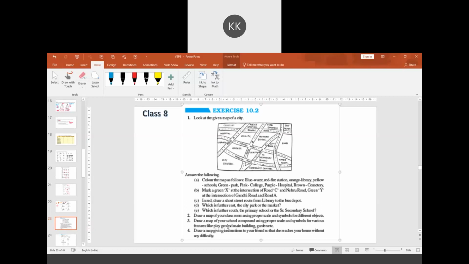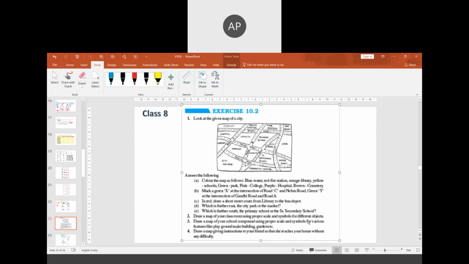Third one is to draw a map of the school compound, the top view of class. They asked us to draw a map of your classroom. How to draw a map of the classroom?